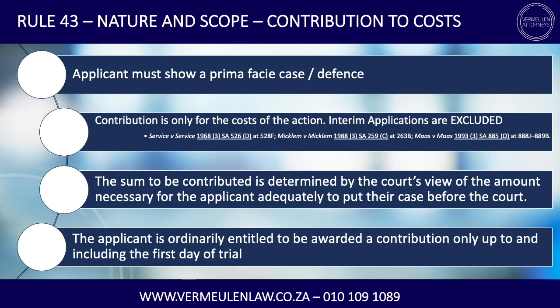The key principles in contributions to costs, I think, are 4-fold. Number 1, to get a contribution to costs, the applicant must show a prima facie case if they are the plaintiff, or they must show that they have a sound defense if they are the defendant. They don't have to prove that defense, they must just show prima facie.